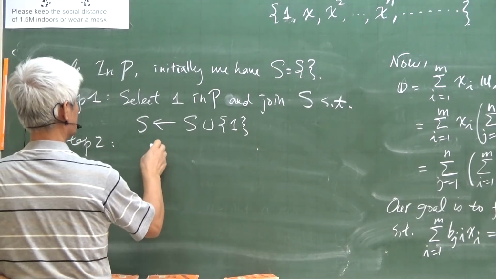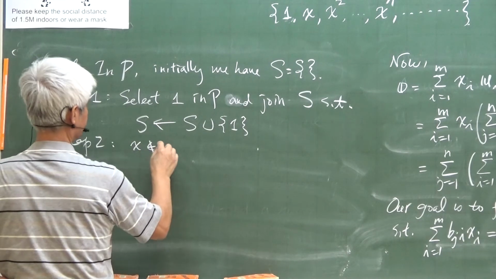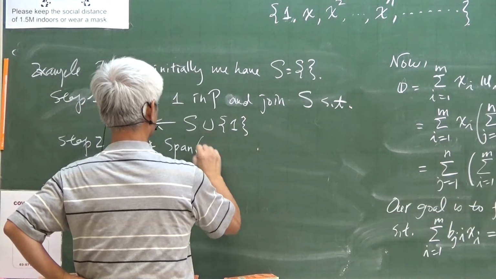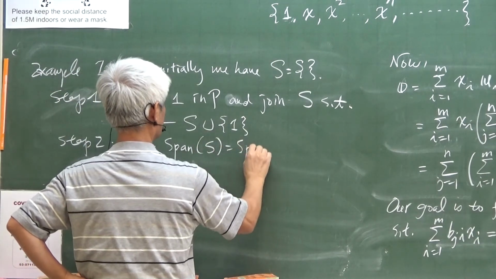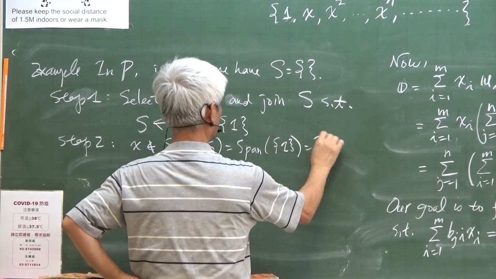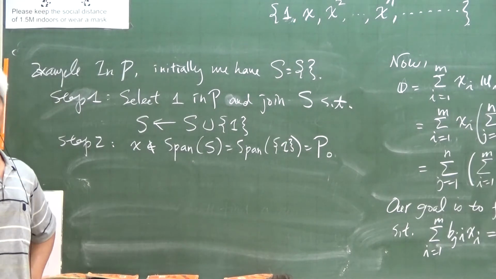Okay, step 2 is that x is not in the span of S, which is the span of P0. P0 means all constant polynomials.